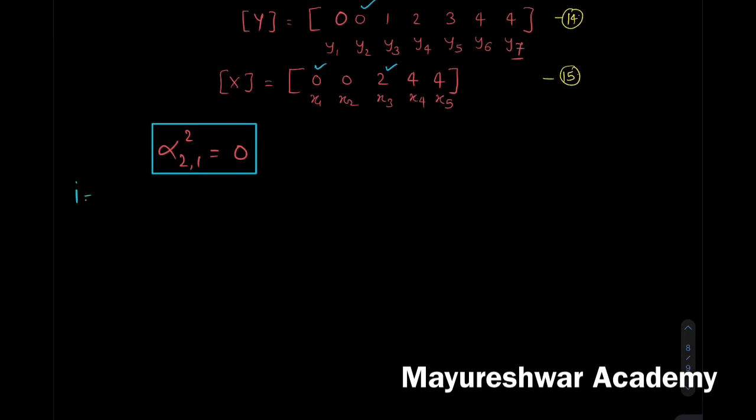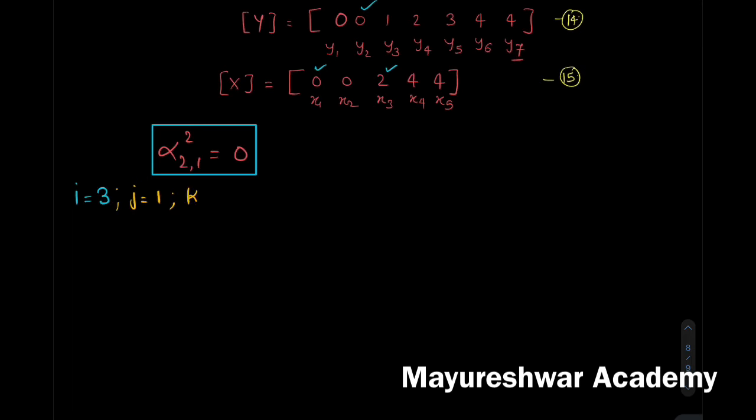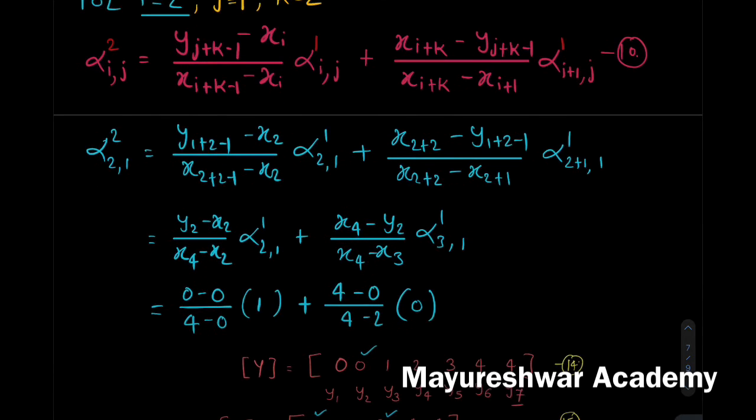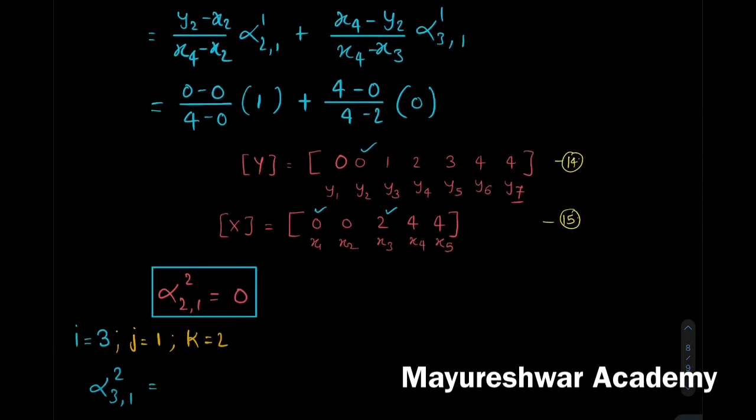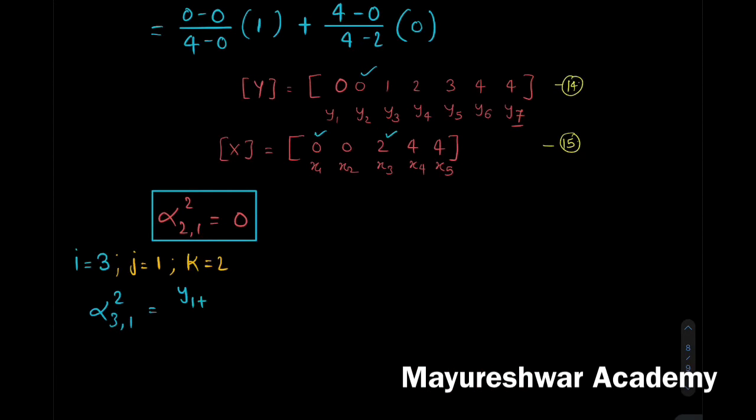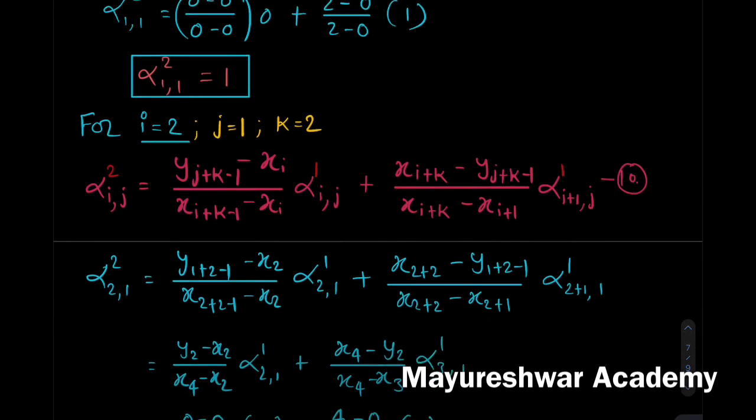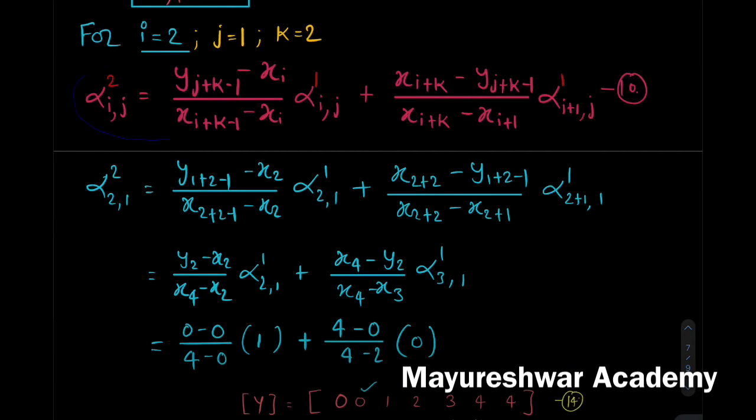Okay, so again increment i by 1, so that is i is equal to 3, j is still the same 2, and also j is 1, k is 2, so we are calculating alpha 3 1. Okay, so same equation, y 1 plus 2 minus 1 minus x3 xi divided by x3 plus 2 plus k minus 1 minus xi, which is x3, and yes, alpha.